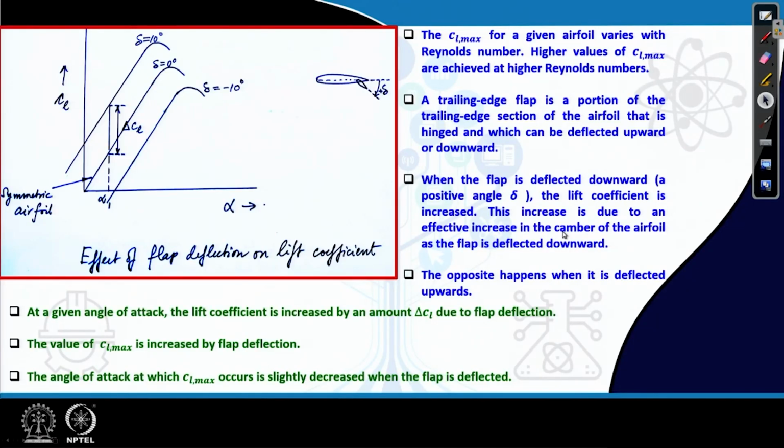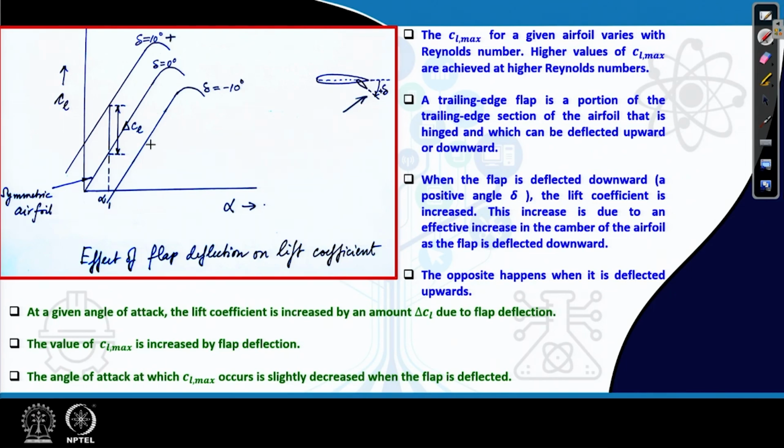In the previous lecture, we discussed the effect of flap deflection on lift coefficient, where this was the trailing edge flap. It was deployed from the trailing edge of the airfoil, and we discussed the positive and the negative deflections.